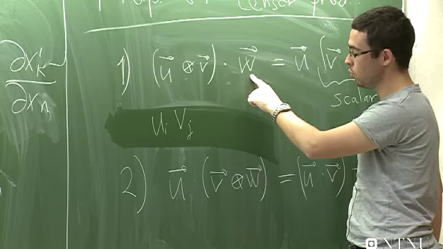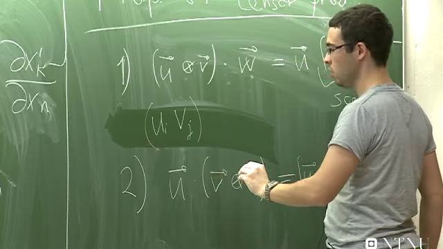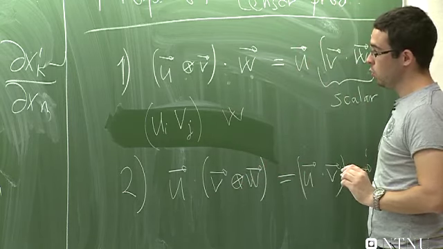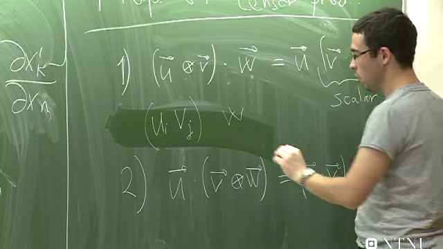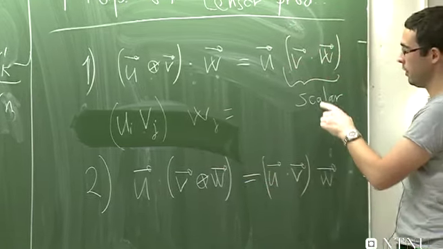And then it's Wj, right? And now it's just a summation of these, and that's the scalar product.